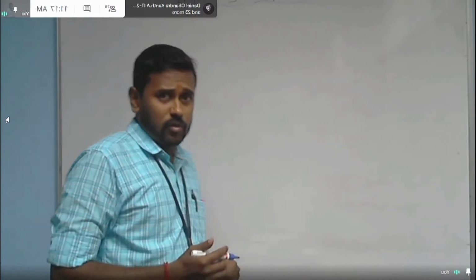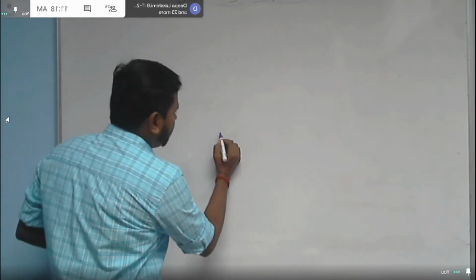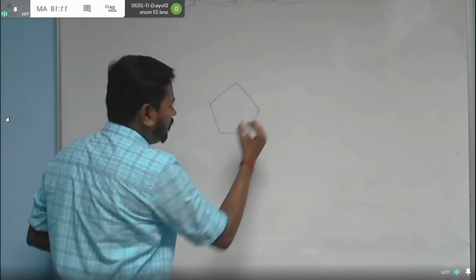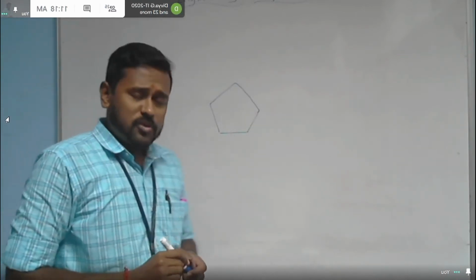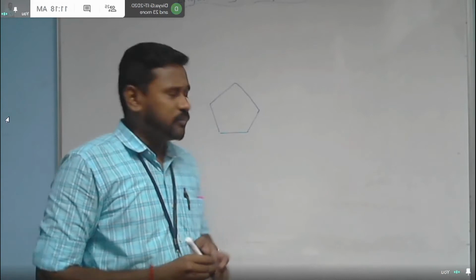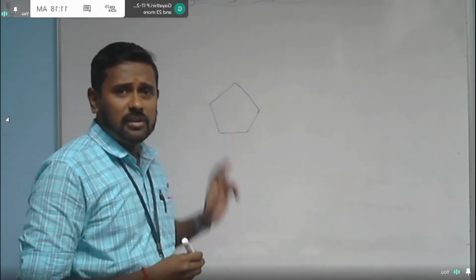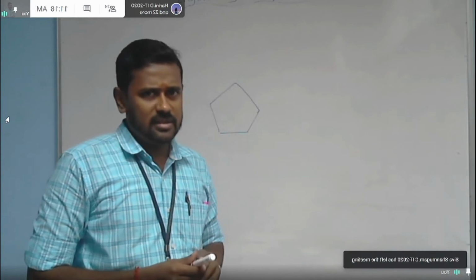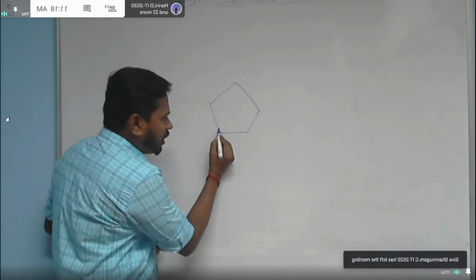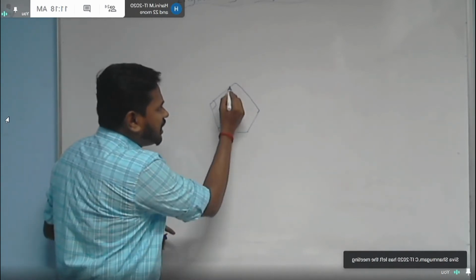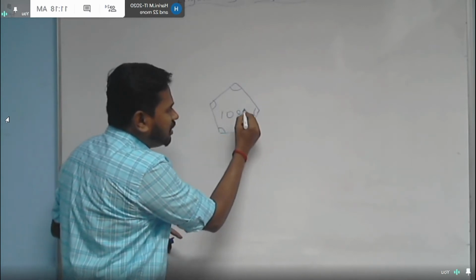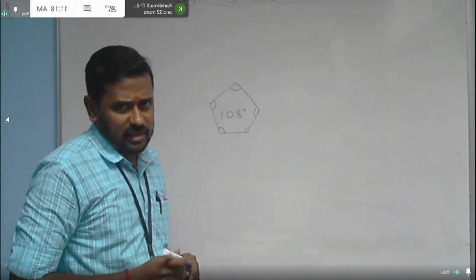So you know the shape pentagon. This is a rough drawing, not a correct one. It is a plane which has 5 sides, and all the 5 sides are equal in length, and the included angle between each side is also equal, and it is 108 degrees.